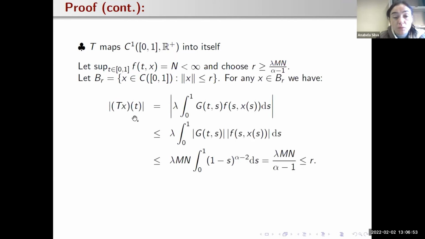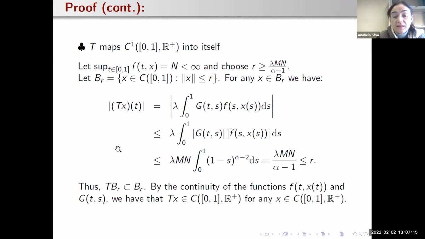And now we compute the modulus of this Tx. We use the estimation that we know for the Green function. We use that here. We use the fact that f has a supremum N, and we obtain that this is less or equal than R. So we prove that T maps B_R into B_R.